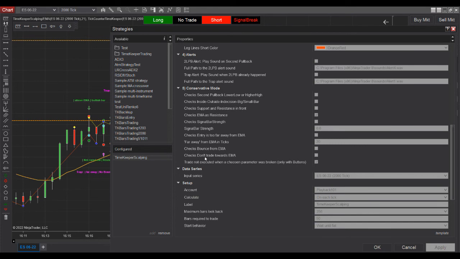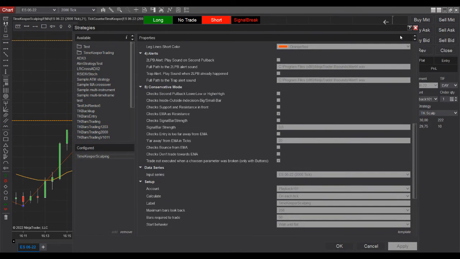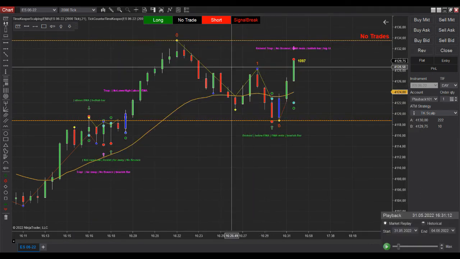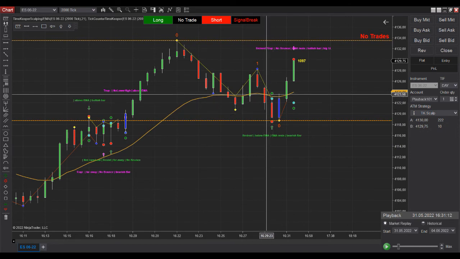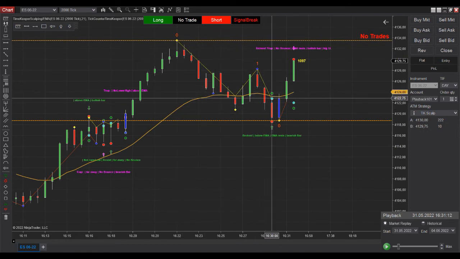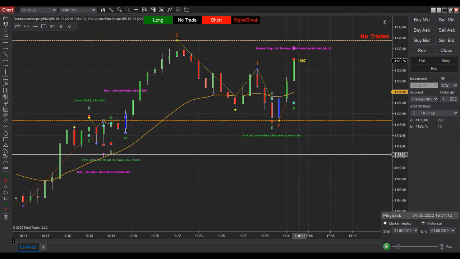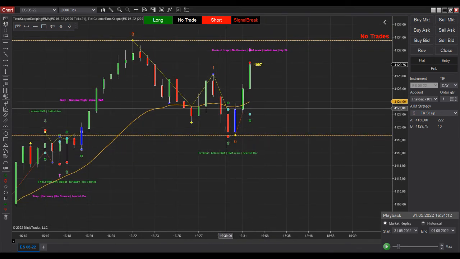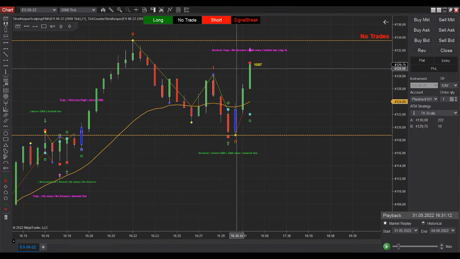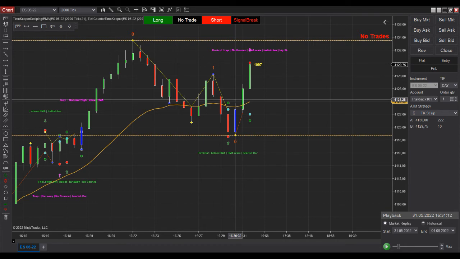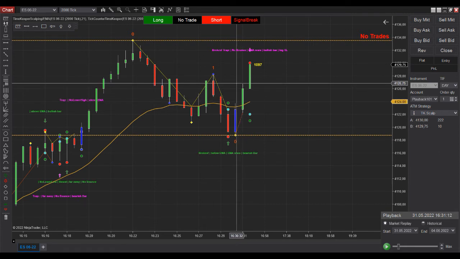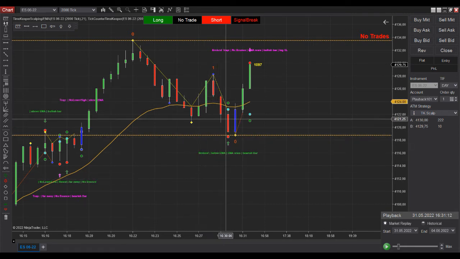The system can also check don't trade towards EMA, and that means that if you, for example, have a long setup, as here in this example, we have a long setup but are below the EMA. Some traders want to go only long if the setup is above the EMA, so it's in a so-called uptrend more or less, but don't want to trade towards the EMA.